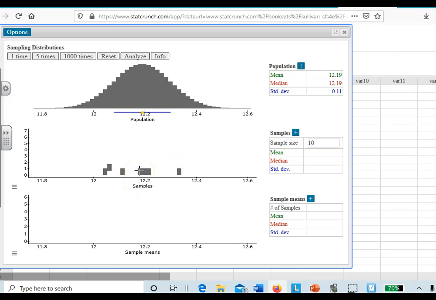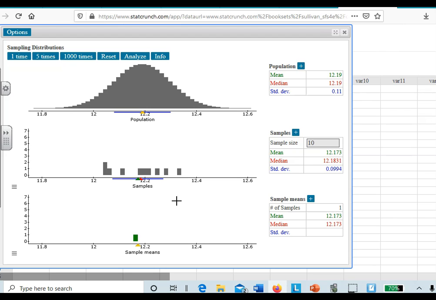It's obviously possible that we could get values way over here or over here, but it's much more likely to get values here. Once it's done looking at all 10 of these, it's going to calculate the average. So it randomly chose 10 different values from the population, and this down here is our sample mean. The sample mean is 0.173.